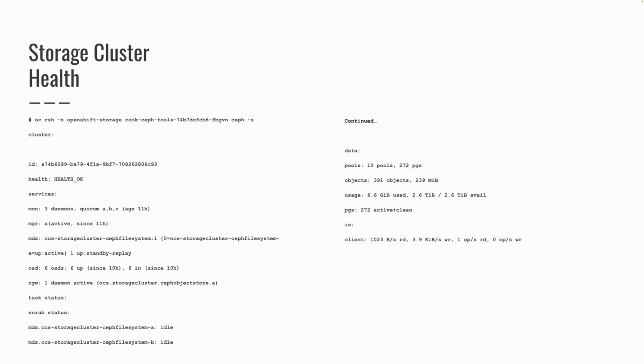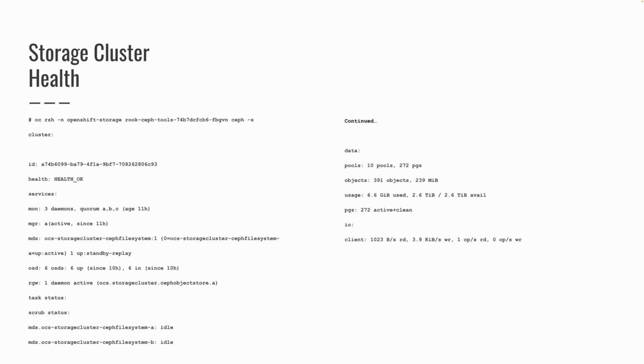So when you run ceph -s, like I said earlier, the output will look something like this. The health has to be HEALTH_OK for you to proceed to consume this implementation. If it is HEALTH_ERR or HEALTH_WARN, then you should debug this environment and see why the health is not okay.